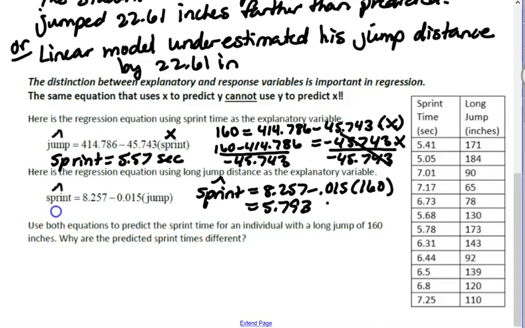They're pretty close, but not exactly the same. So why are they different? Why don't they turn out exactly the same like we would in algebra?